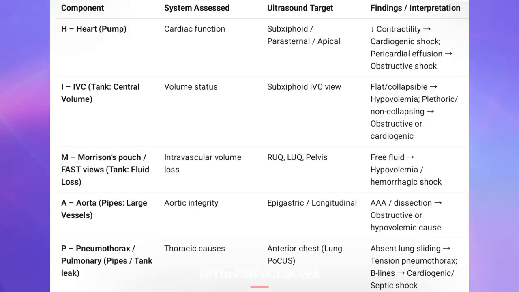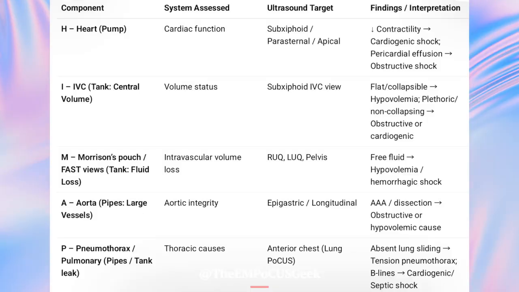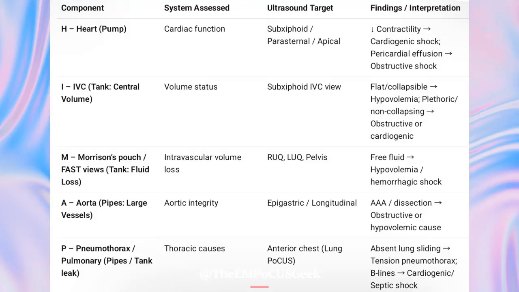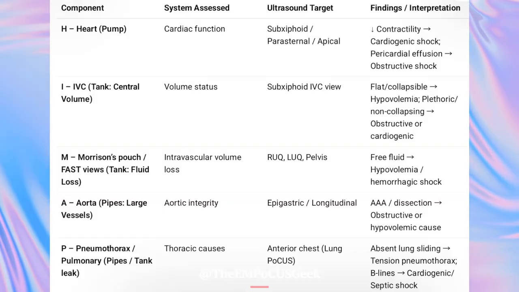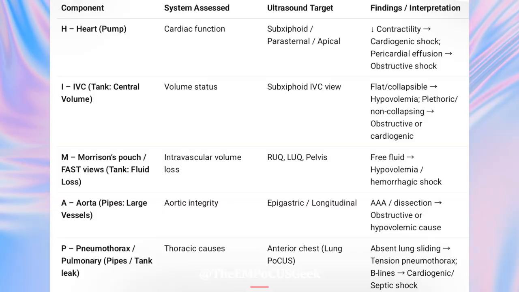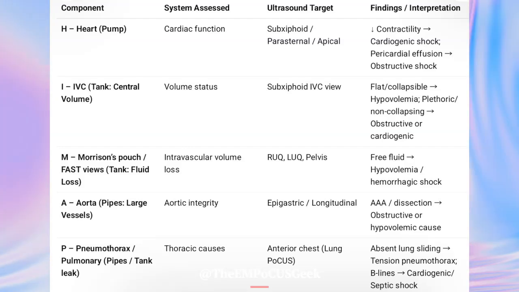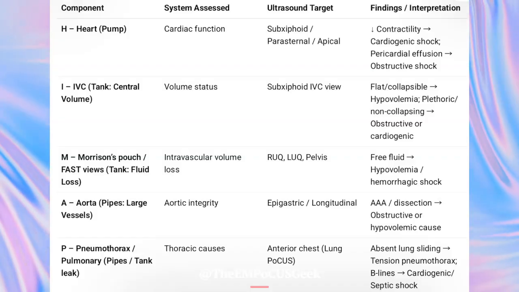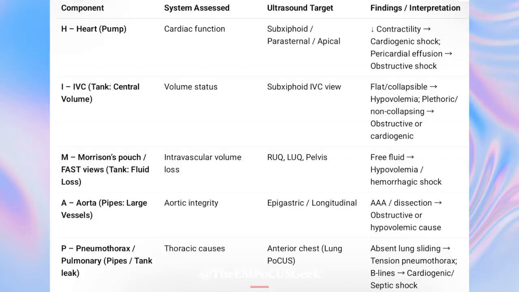To assess the IVC, you need to place the probe in longitudinal direction over the subxiphoid area. And here we look for the collapsibility or the non-collapsibility of the IVC. So if the IVC is flat or the collapsibility is more than 50%, then it could be hypovolemic or hemorrhagic shock.